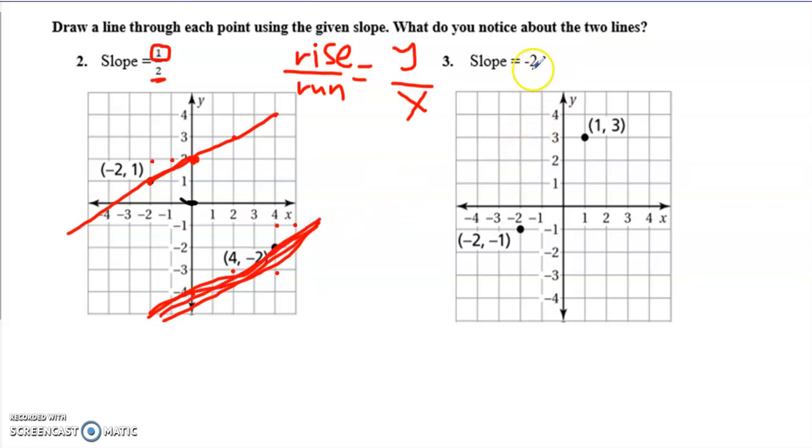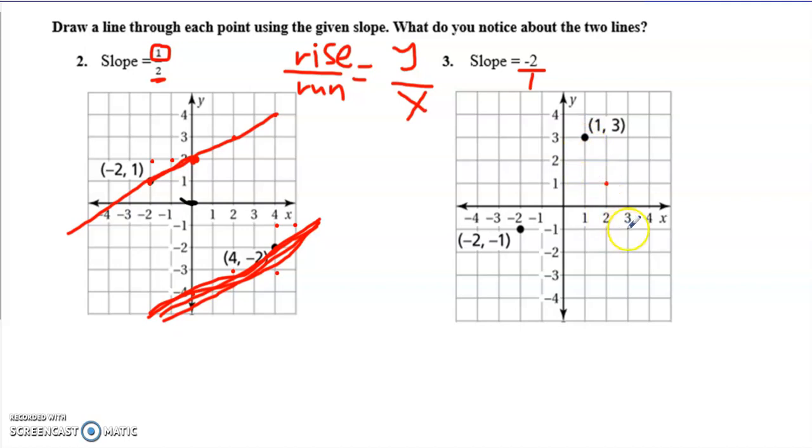Okay. So in order to put it into the format of rise over run, we need to know what -2 looks like as a fraction. So we'll just put it over 1. And this is a negative slope, so we need to make sure that instead of rising, we're going down. So right here, we're going to go down 2 over 1.